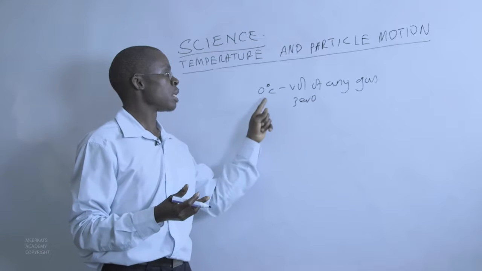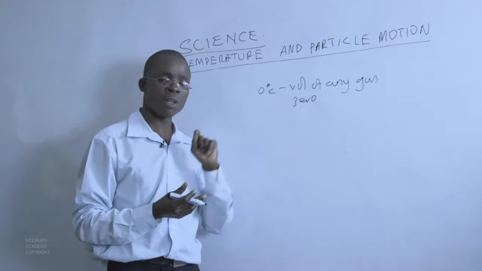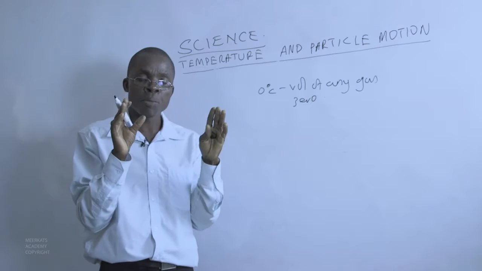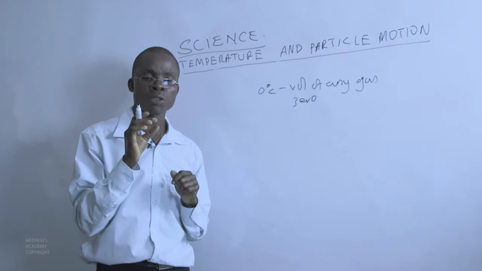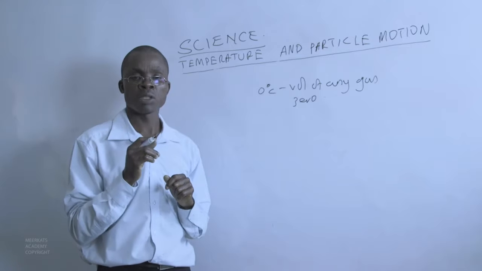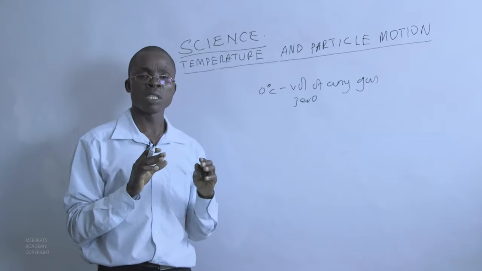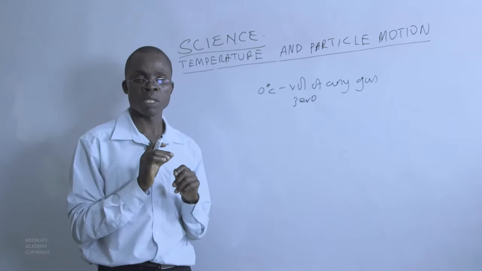This shows that the gas at that temperature, which is 0 degrees centigrade, is not zero. It is being occupied, but at a particular volume, as was also explained by Charles's Law, a scientist called Charles, who talked about the relationship between volume of a gas and temperature.